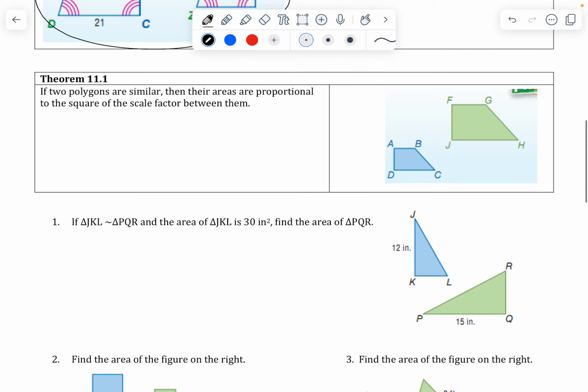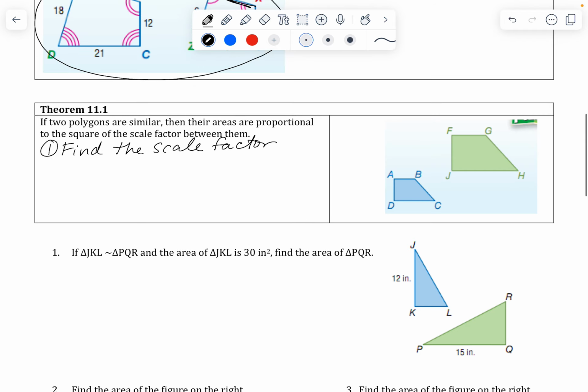So step number 1 is going to be find the scale factor. Step number 2 is square the scale factor.